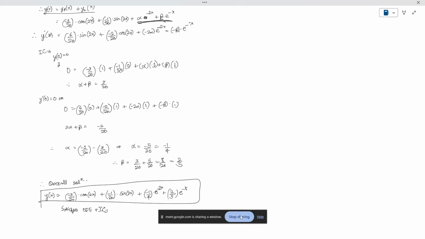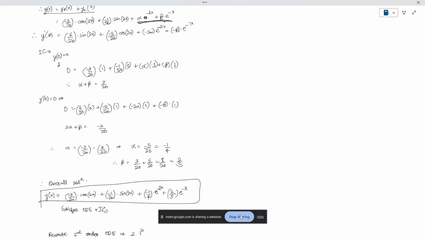The way we would proceed is to rewrite the second order ODE as two first order ODEs.